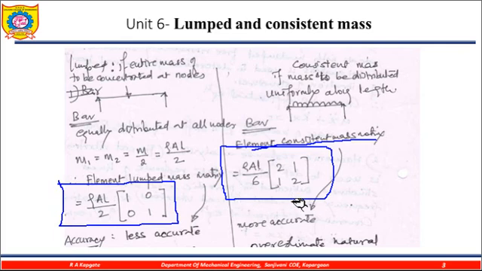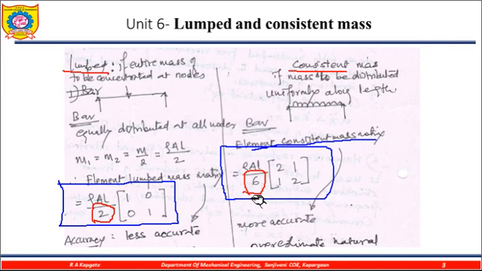Now what is the importance of this? You will understand in the next stages, because this plays a very important role when we are solving problems on dynamic analysis. So focus on this and be careful when you are writing the formula. For the lumped mass it is rho A L divided by 2, but for the consistent mass it is divided by 6.